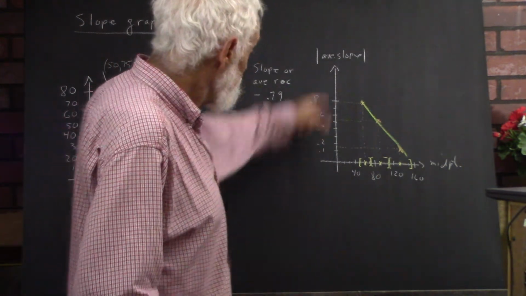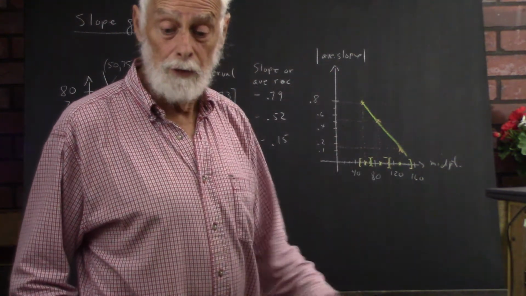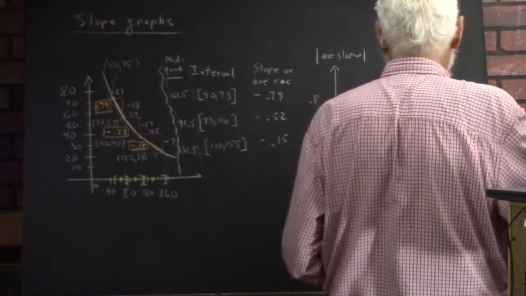Okay, so there we have it. There's a straight line graph that does a pretty good job of fitting these points. Now there's another alternative. So we can have a straight line model.